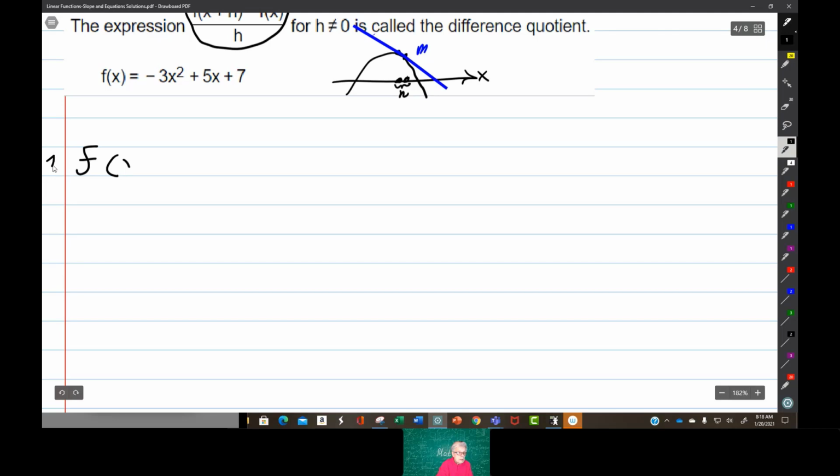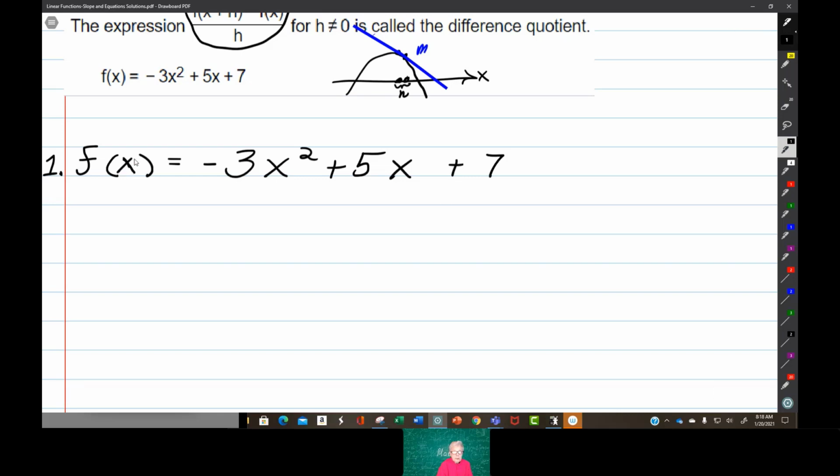Oh, step 1. F of x, I'm writing real big, equals negative 3x squared plus 5x plus 7. Whatever goes in the parentheses goes in for the x's. The x's are just placeholders.